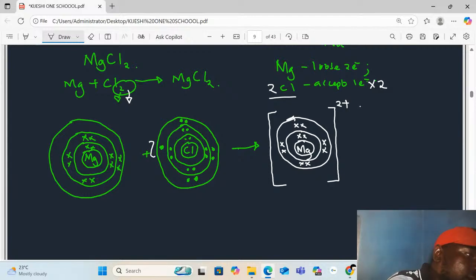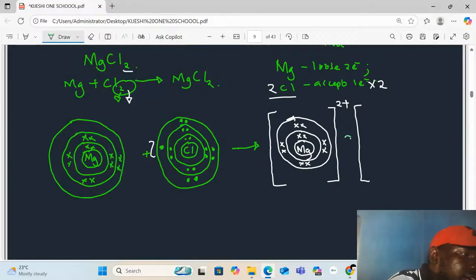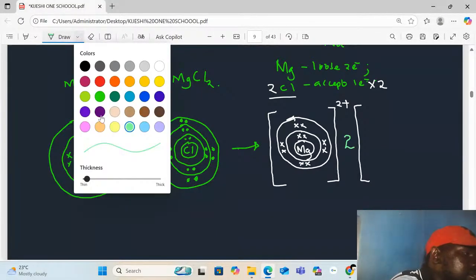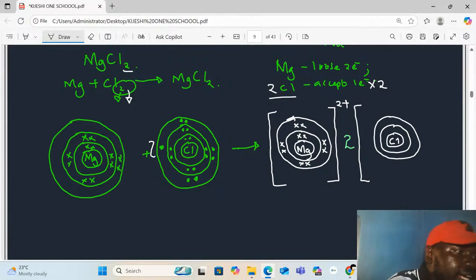Then how many chlorides will be formed? They are basically 2. So we'll have our 2 here. Then we have our chloride being drawn here. It has 3 energy levels, like this.